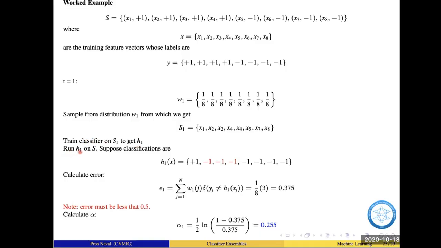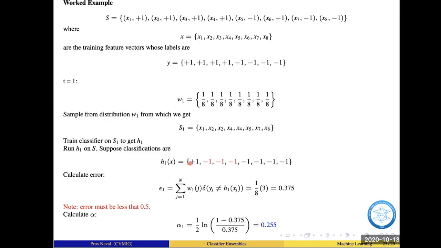Now we run the model H1, hypothesis 1, on the data set. Suppose the classifications are +1, -1, -1, -1, all of them -1 except for the first one. This is a valid output of your first candidate classifier.